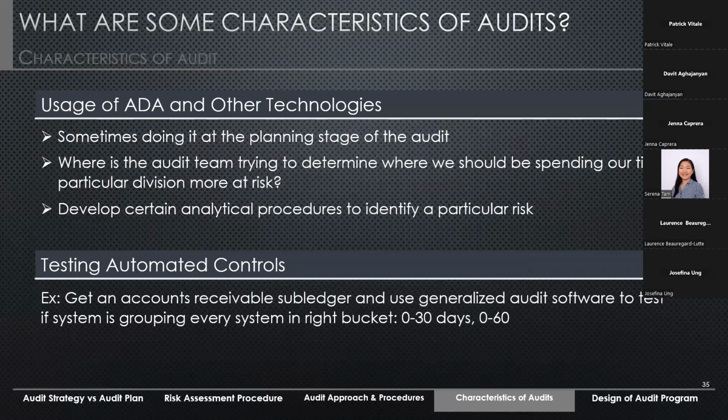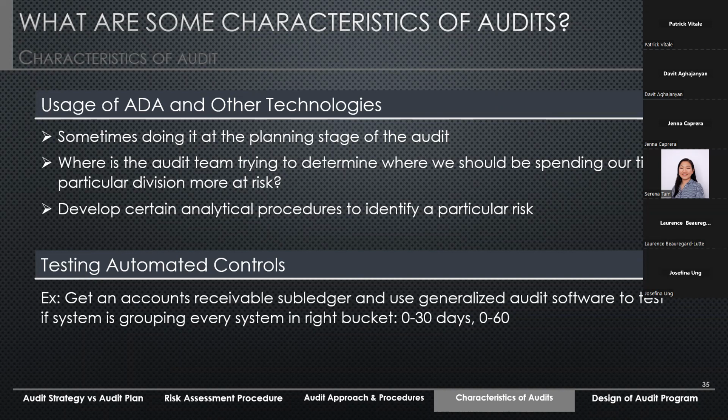Okay, so usage of ADA and other technologies, so this could be at the planning stage of the audit. We're just trying to see where we should be spending most of our time, which particular divisions are more at risk. Let's say we're in the mining industry, maybe inventory is at risk, so that's where we'd be focusing more.